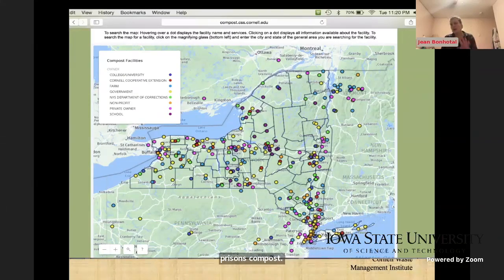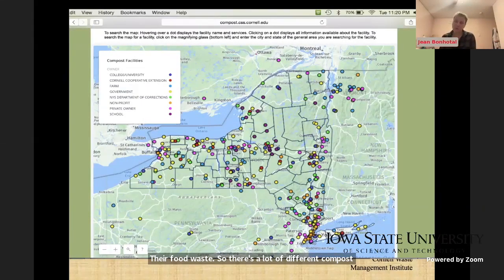So there's a lot of different composts along with our farms and our commercial composters. So we have a map that's interactive. You can hit on those buttons and you can find out what types of composts they are, how they're processed, all that kind of stuff. Or where you might have a feedstock that might be able to be matched with a facility. And that's how these maps tend to work.